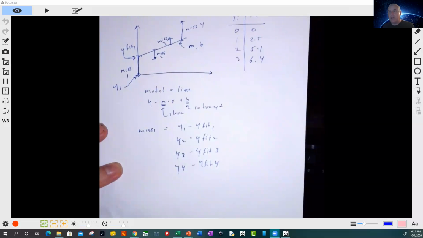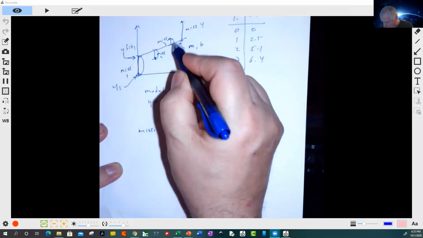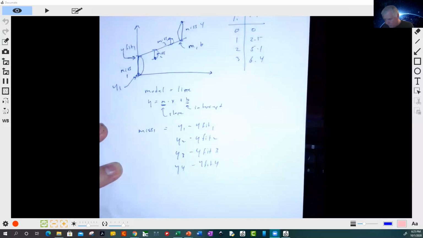We can add all these guys up, right? You can add this value, plus this value, plus this value, plus this value. Right, Kenya? Excellent.